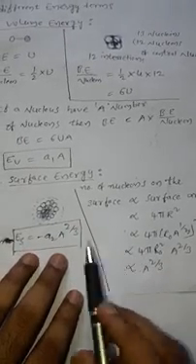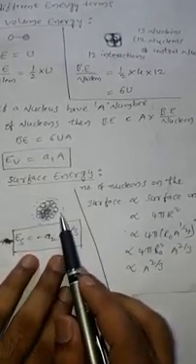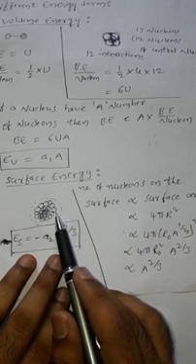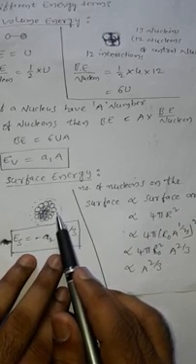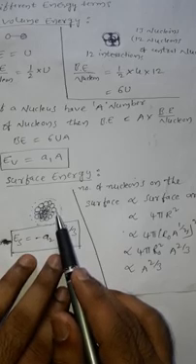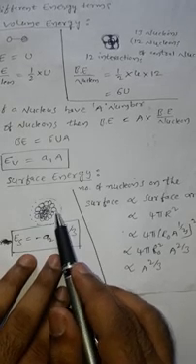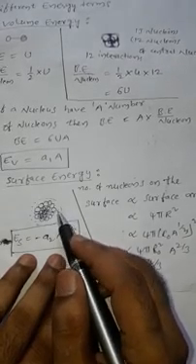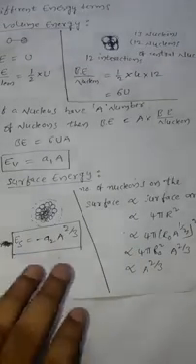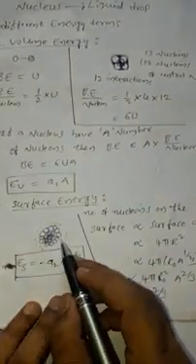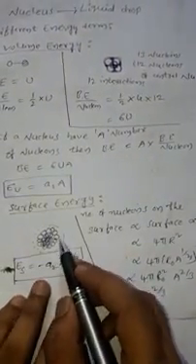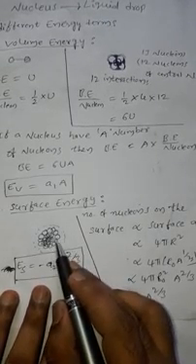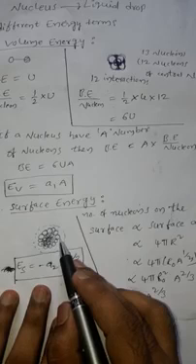Due to these nucleons, there is a decrease in the binding energy, because these surface nucleons are loosely bound with the neighboring nucleons.